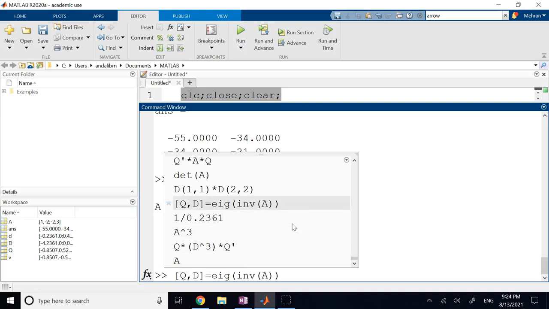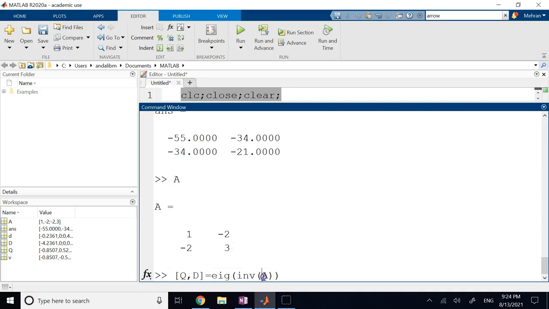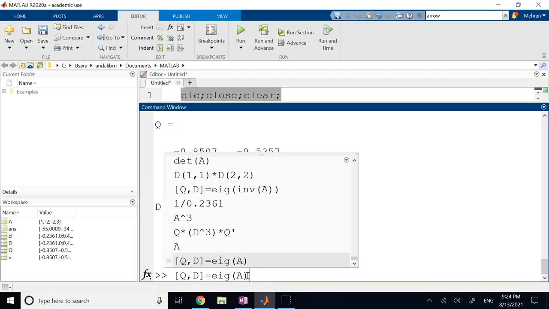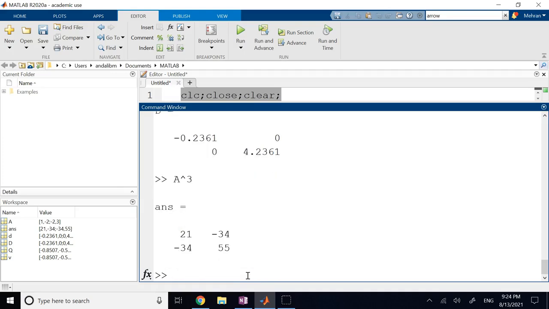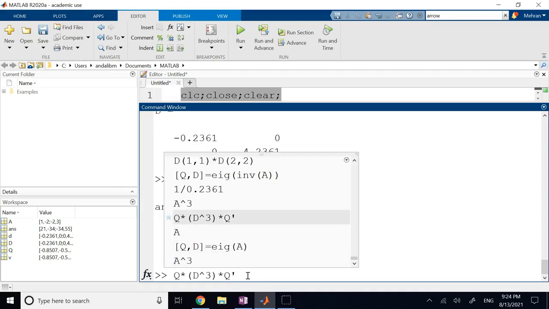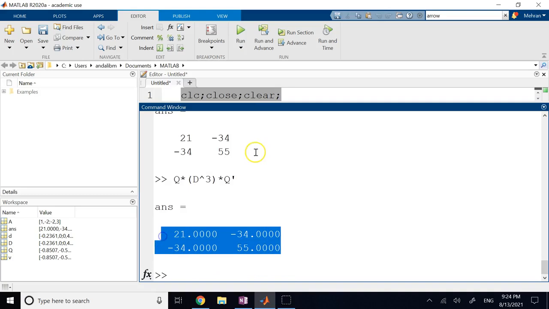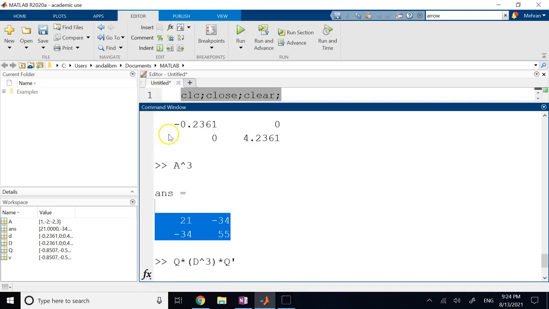I changed it, that's why. They are eigenvalues of A. There we go. So now again, A cubed is this, and Q D cubed Q transpose is this. And now if you compare them, they are the exact same thing, right?